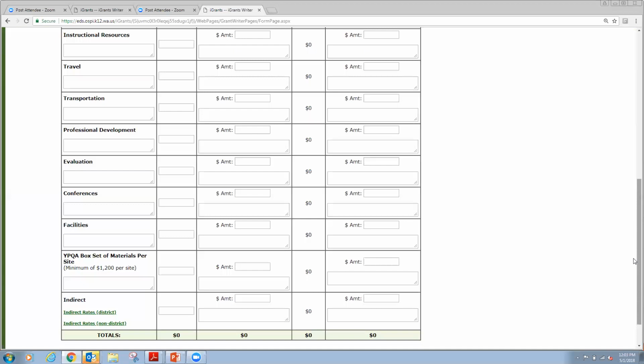It's in the management plan. So what we ask you to do is to demonstrate your professional development plan at a local level. And what we're looking for is ongoing, sustained and regular opportunities for staff to gather.